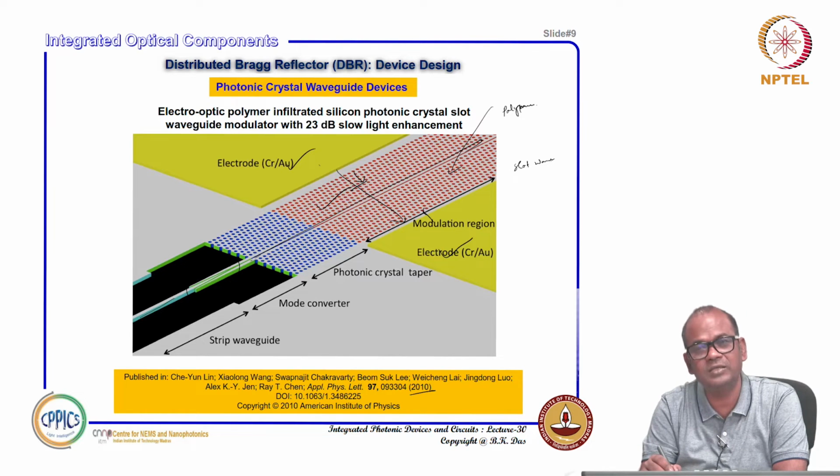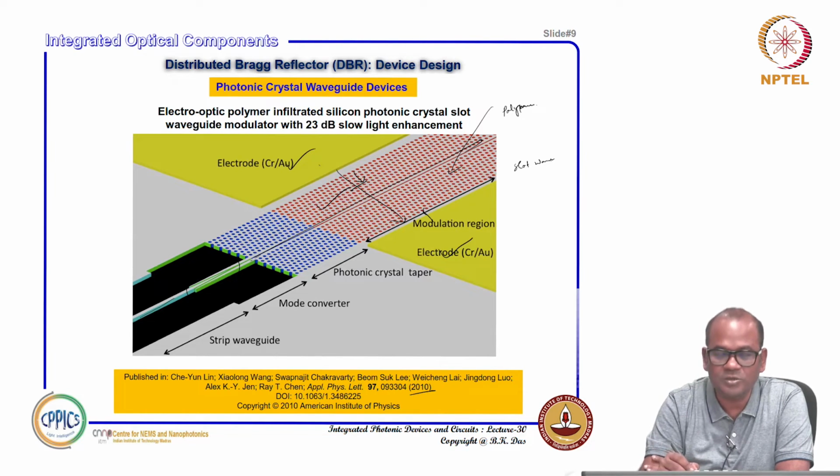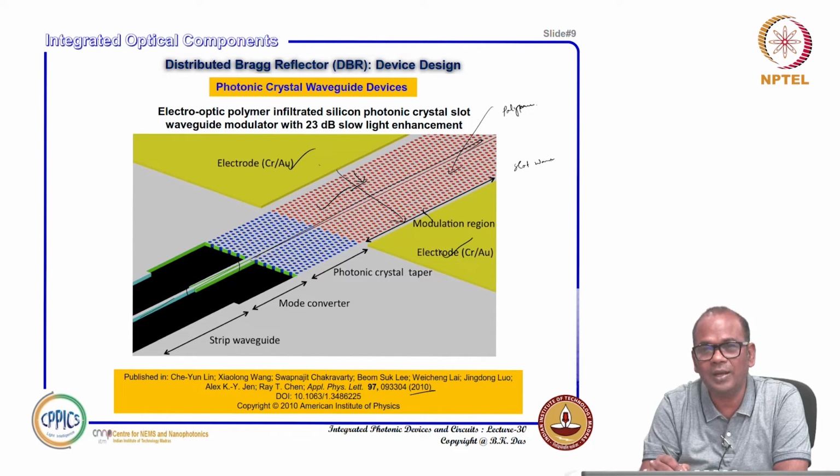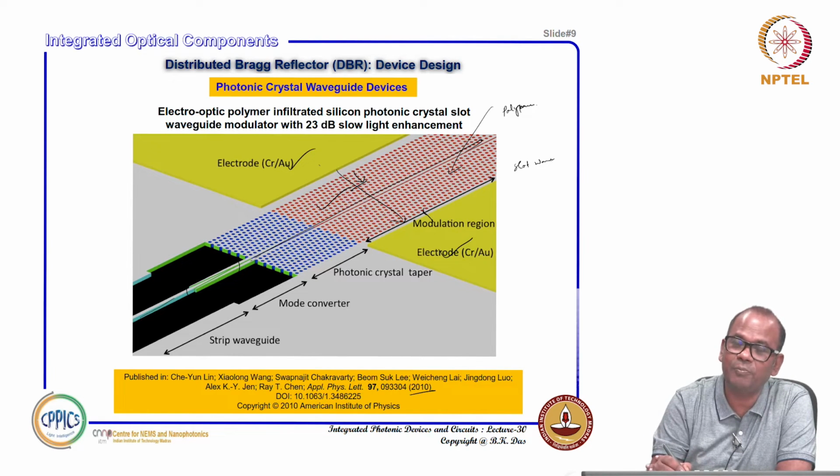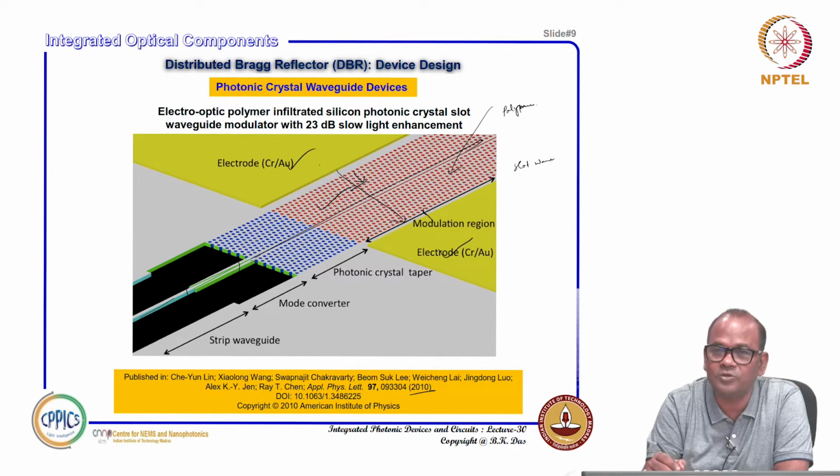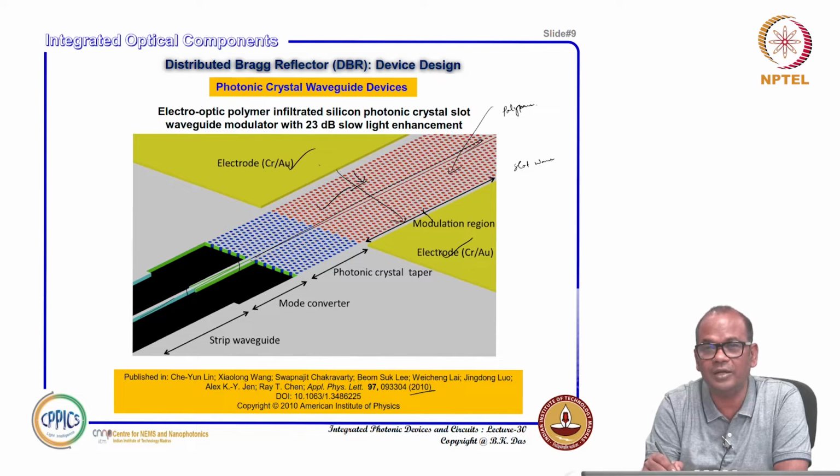Since this polymer is an electro-optic material, because of the electric field, you can actually modulate refractive index. If you can modulate refractive index, you can modulate the phase velocity of the guided light. So, you can create a modulator, a high speed electro-optic modulator.